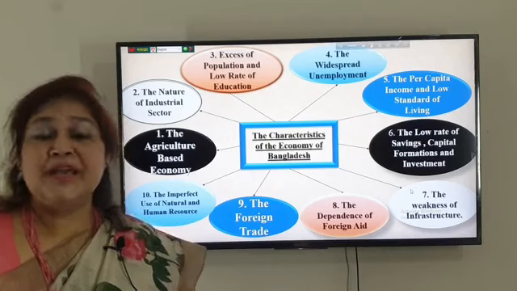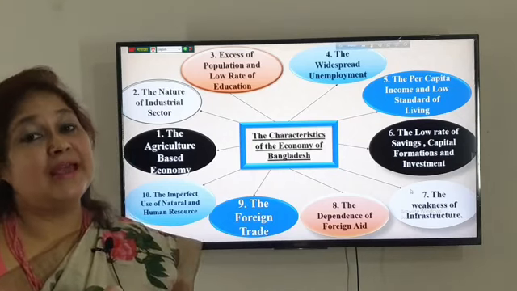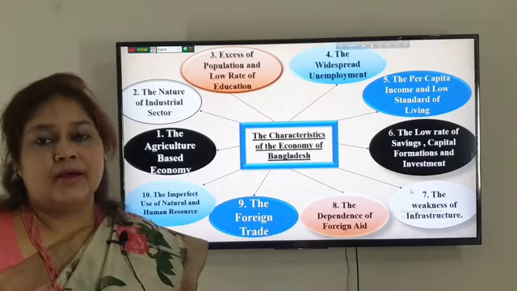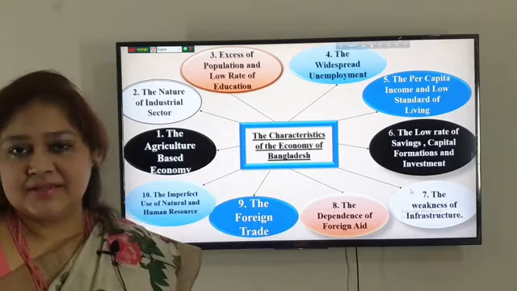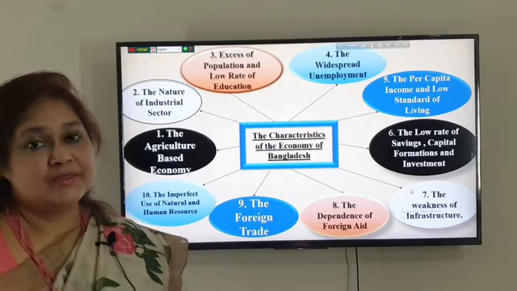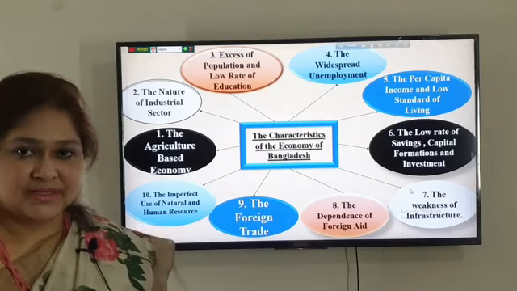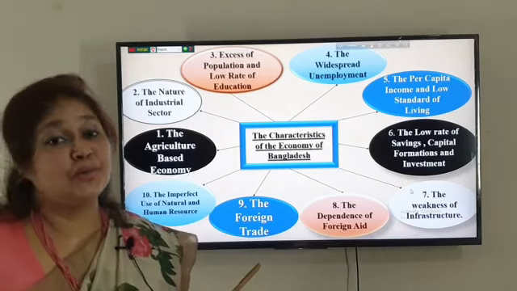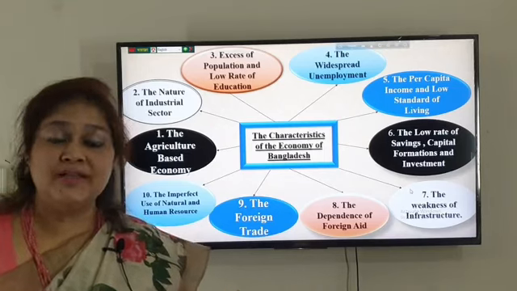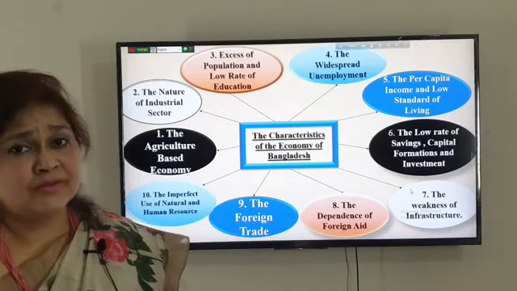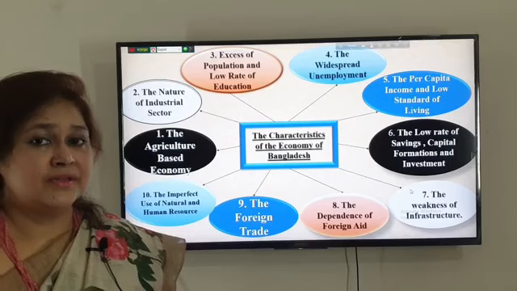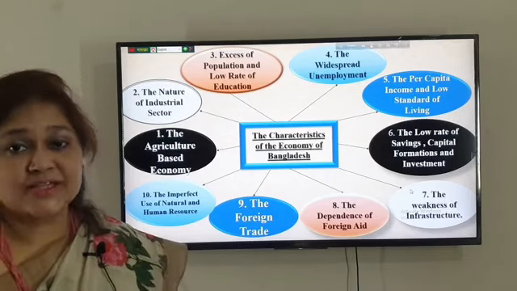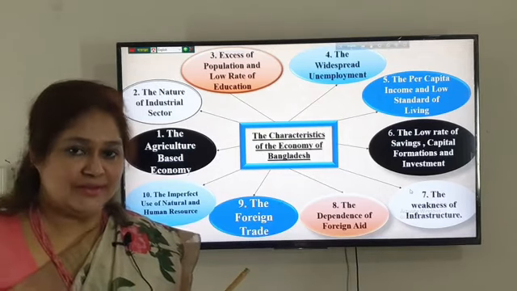And population is the main asset of a country. And here the literacy rate in our country is 72.8%. And if we want to turn our population into human resource, we need to provide education, training and employment for them. And by providing this, we can turn our population into human resource.